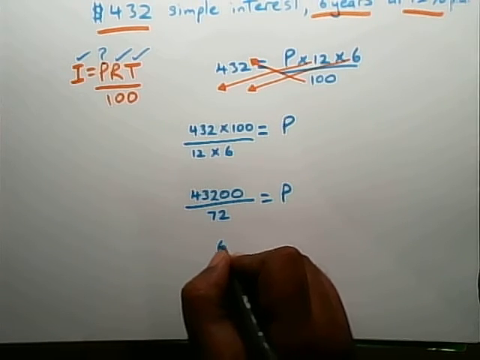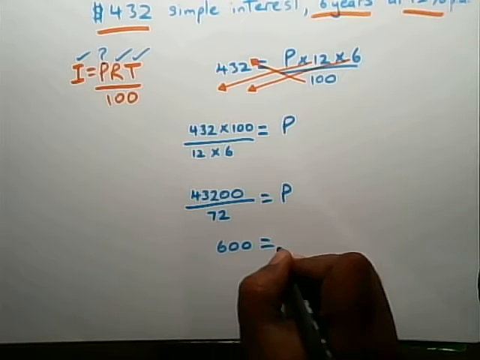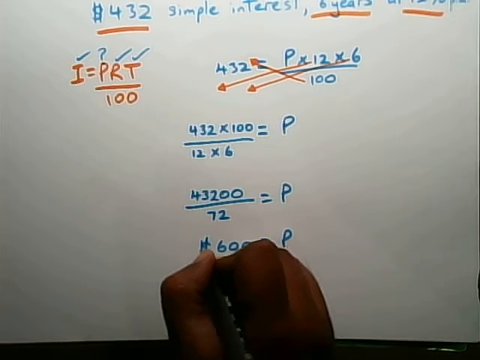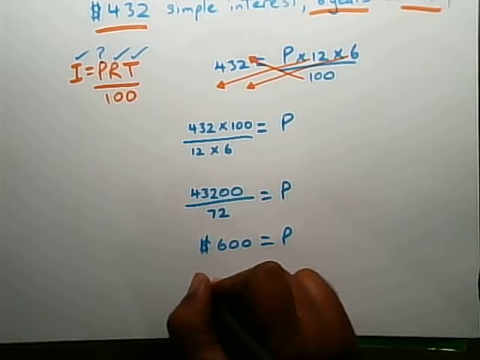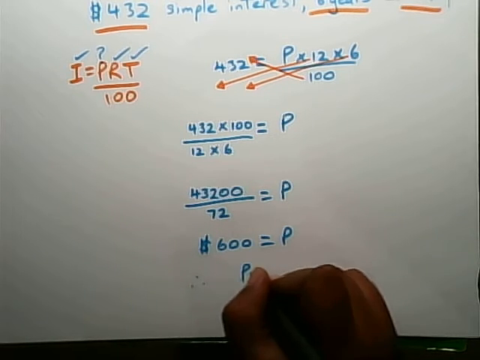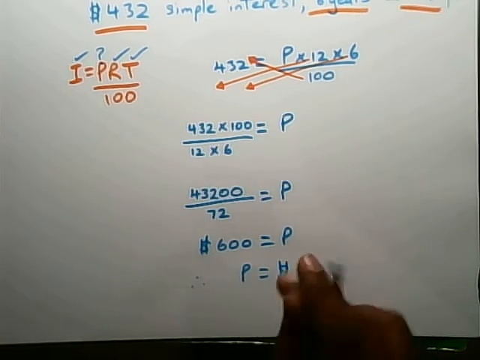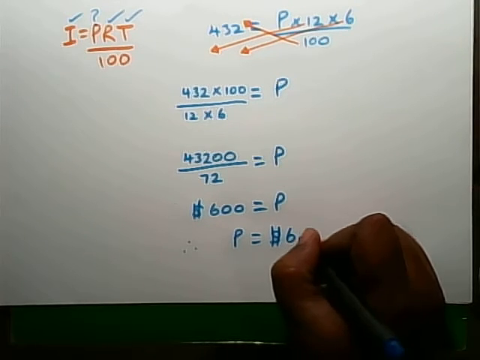So we get $600 is equal to the principal. Are you done? We could just turn it around now. Therefore, the principal is 600.